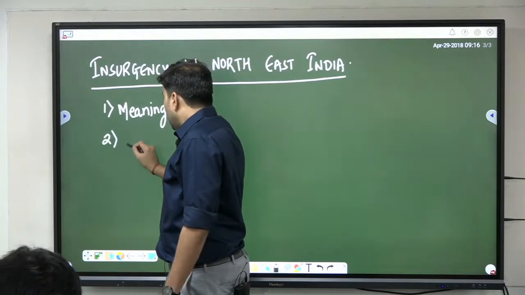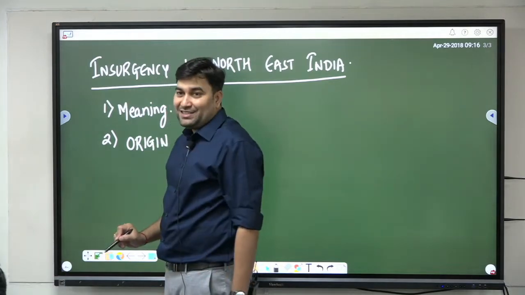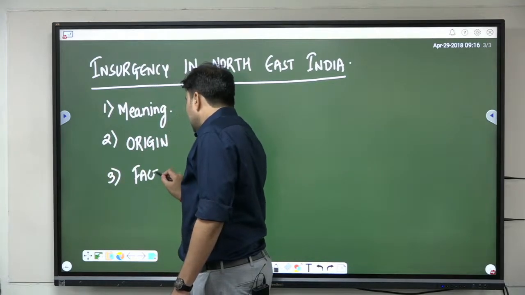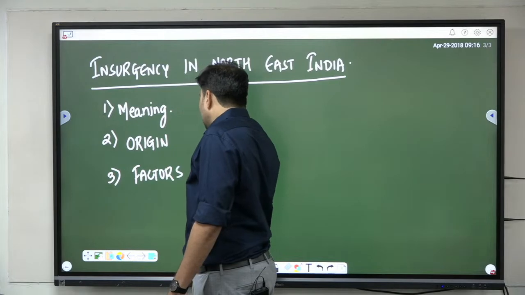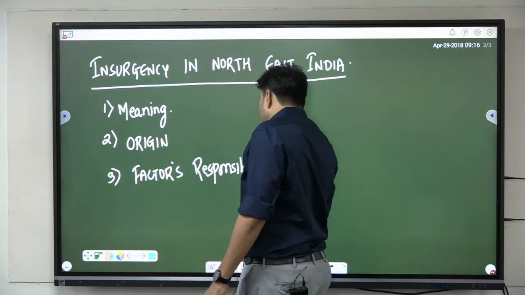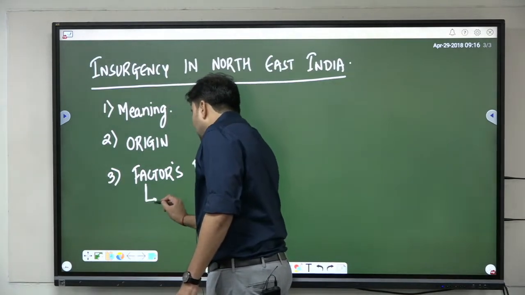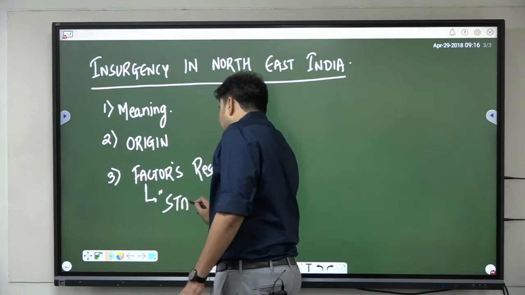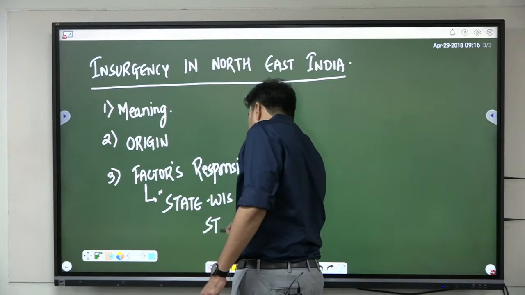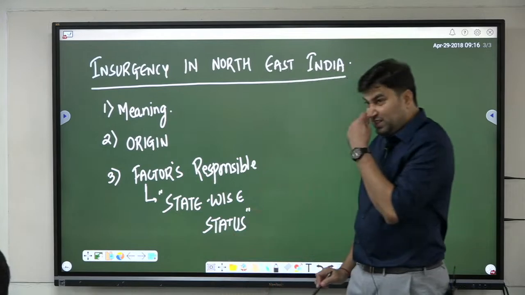Second, origin, how it started and why it started. Third, factors responsible for insurgency. In this factors responsible, we will also see state-wise status of insurgency in Northeast India.